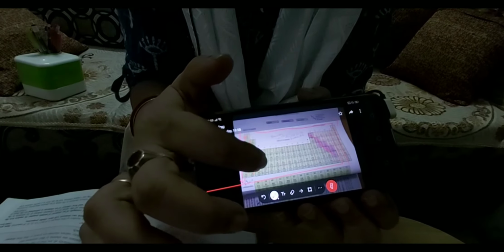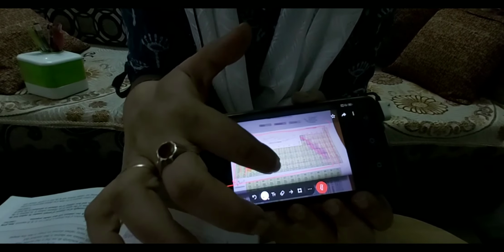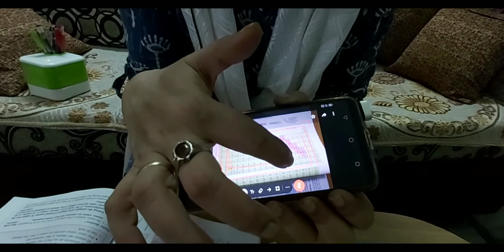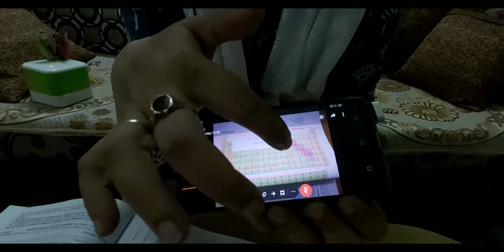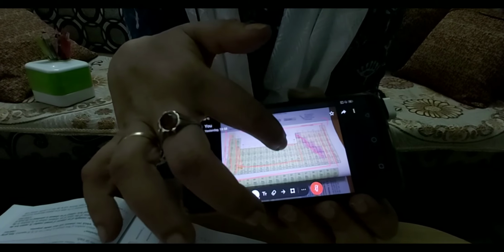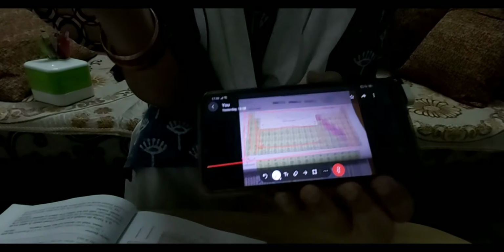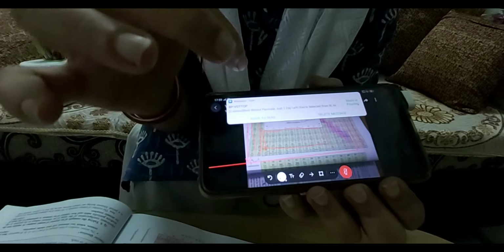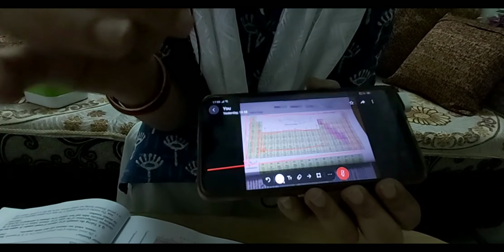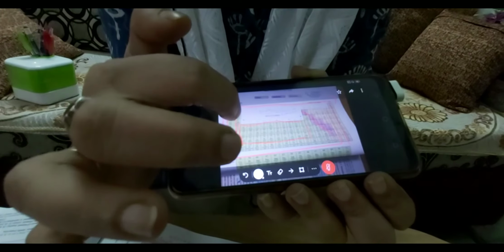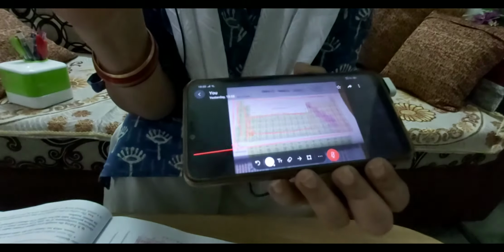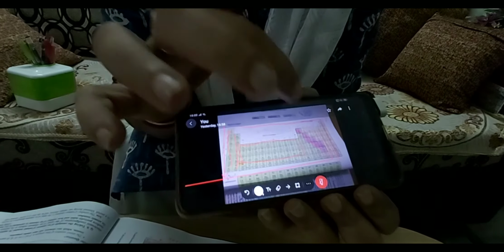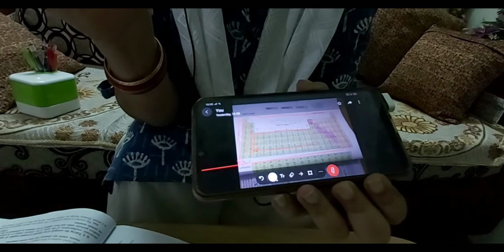Now, I would like to talk about a box of elements here, if you can see. This is from group 3 to group 12. This is the third group, this is the 12th group.